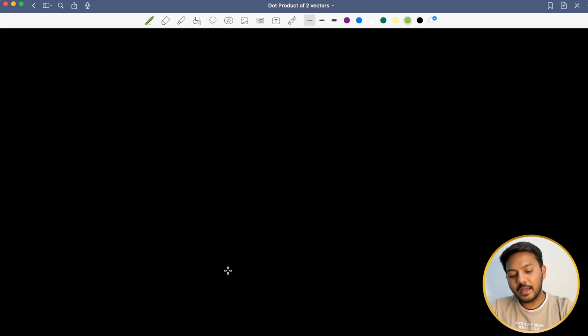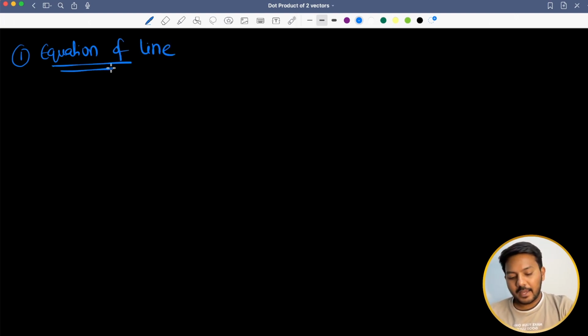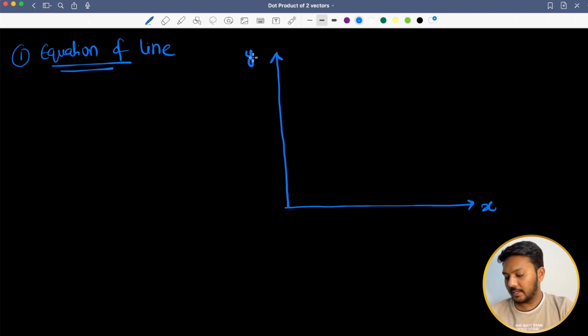Now we will learn a couple of things about equations of a line. Equation of line. So let's say I have a 2D plane like this, which is x and y, clear?